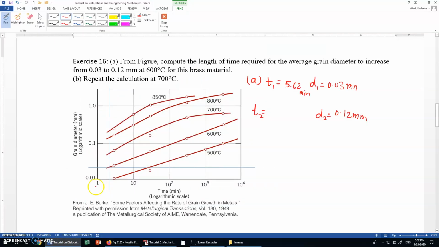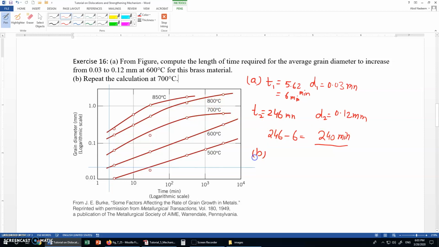So t2 will be 246 minute, and t1 let's take as about 6 minute. So the time needed for the diameter to increase from 0.03 to 0.12 millimeter will be 246 minus 6, that means 240 minute. So this is the answer for part A.